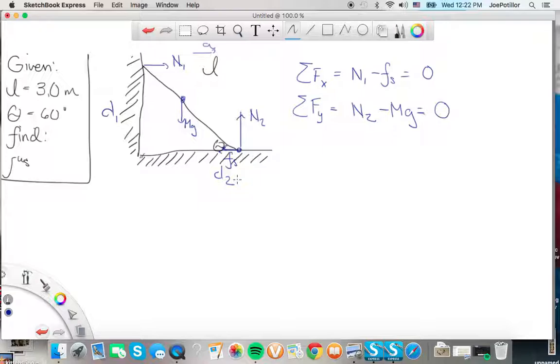And of course, torque is defined positively as going counterclockwise, but for the sake of the problem here, we have it defined the opposite way. Okay, actually we don't.